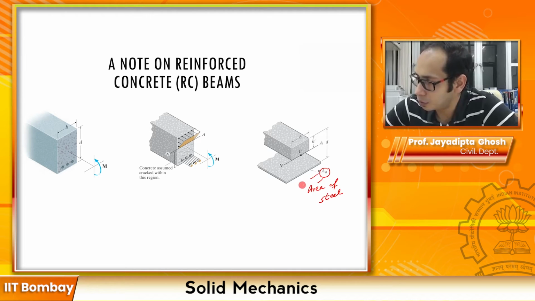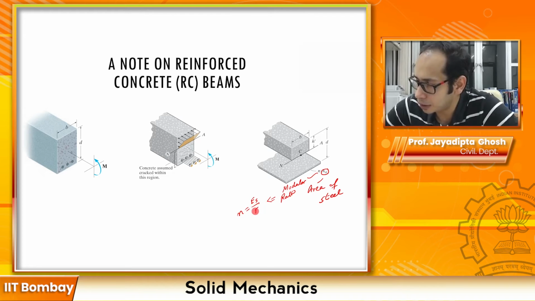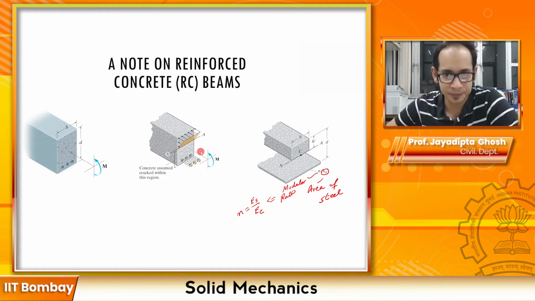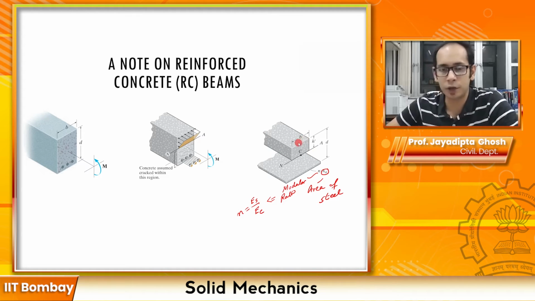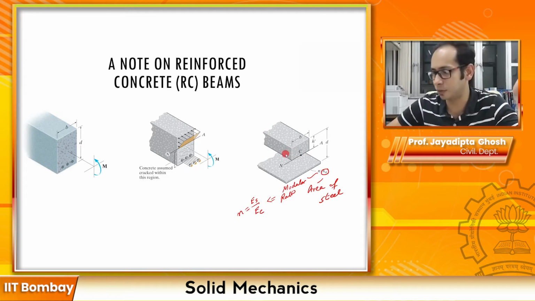And n, as you know, is the modular ratio, which is equal to n equals the E of steel divided by the E of concrete, right? So what you have done over here, you have transformed the whole material that you see over here into one single material, that is concrete, the top part. Now when you convert, whatever part of the beam was the original material stays the same, which is what you have over here.